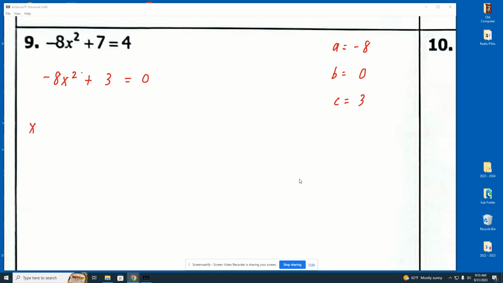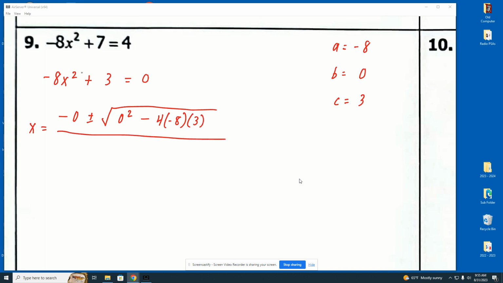x equals, y'all want to do it for me? Negative 0 plus or minus the square root of 0 squared minus 4 times negative 8 times 3, and all of that is divided by 2 times negative 8.